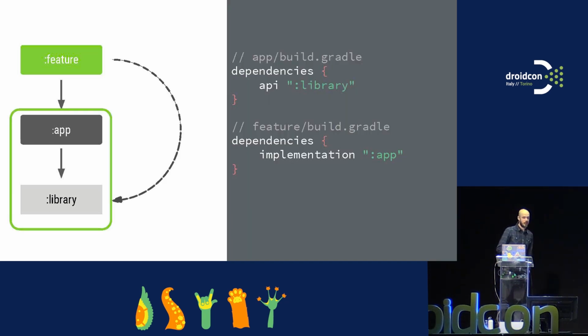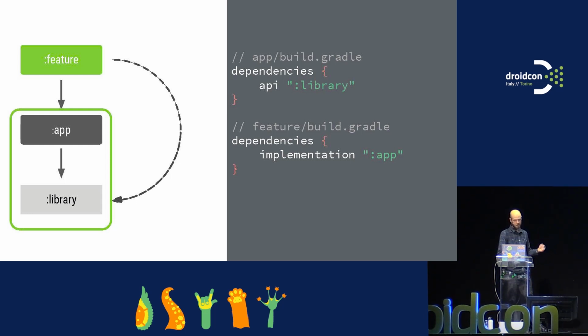Let's go a bit into Gradle, into how Gradle supports you with this. So one way to declare dependency in Gradle is using API. The API keyword essentially means that if you have a library declared as an API dependency within your app, it also can get included in the feature module. That means you have the library shipped as part of the application on a file level base, as part of the application module.